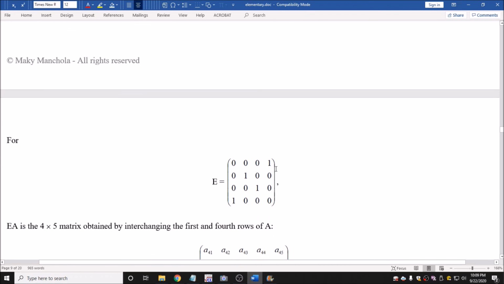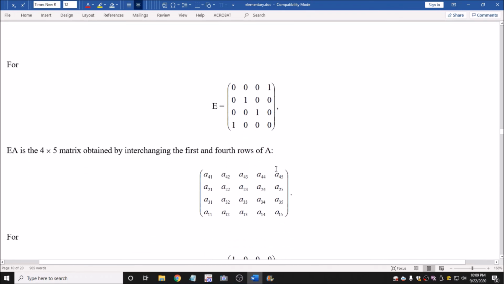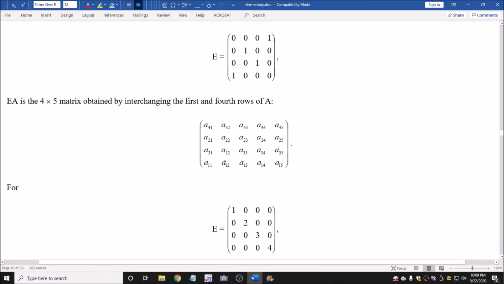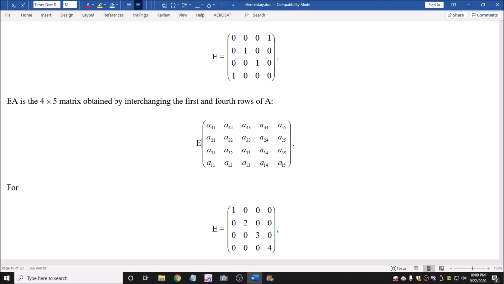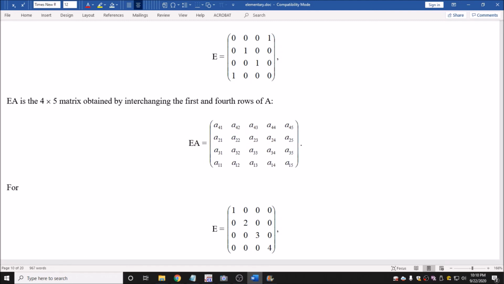Okay, so for the 4x4 elementary matrix where the first and fourth rows of I are interchanged, EA is the 4x5 matrix obtained by interchanging the first and fourth rows of A. So specifically, EA is the matrix A41, A42, A43, A44, A45, A21, A22, all the way up to A25, A31, A32, all the way up to A35, and then A11, A12, A13, A14, and A15.